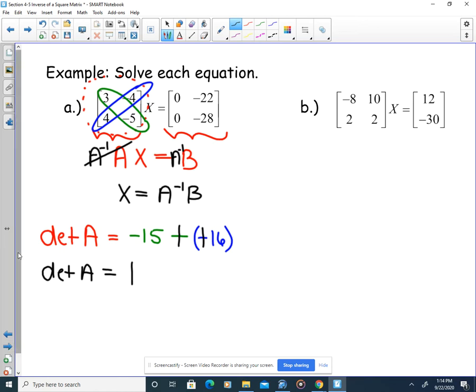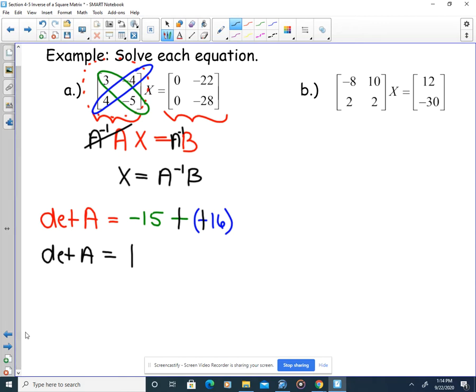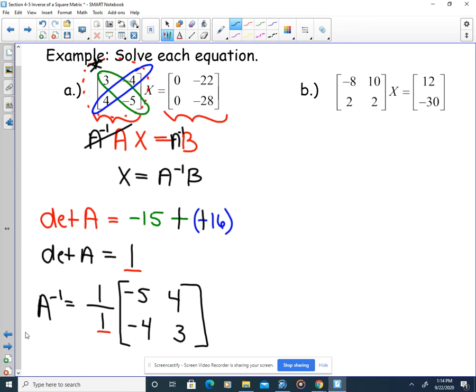All right, so how do we find the inverse of A? Well, you put 1 over the determinant. So 1 over 1. It's always 1 over the determinant. And then you're going to multiply that. Well, the ones I have circled in green, remember we switched those. And then the ones I have circled in blue, we change the sign of those.